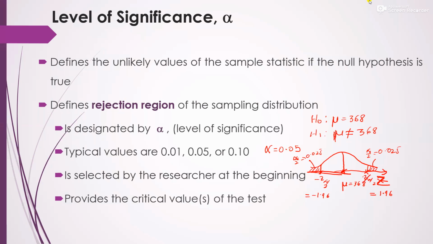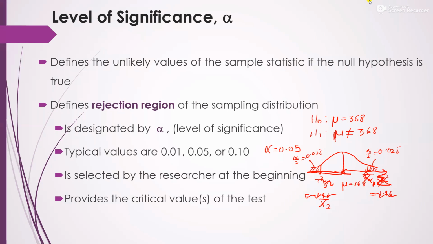Otherwise, we take it as X1 bar. As it is X bar, don't take this one. X1 bar, and it is X2 bar. Then, according to this, we can find the value X1 bar using the standard normal with this alpha by 2 area.